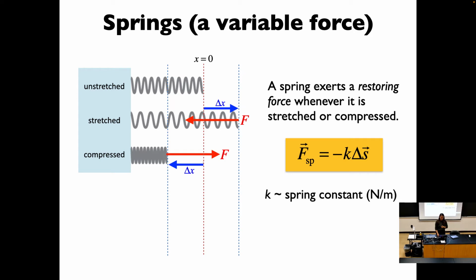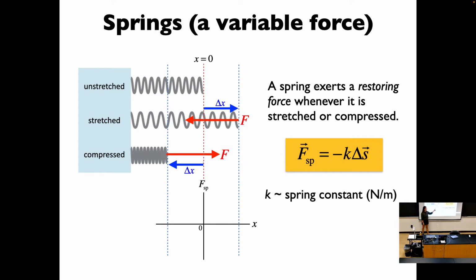So if we want to plot our spring force over displacement, what would it look like? If you go in the negative direction, what kind of force do you expect? Positive. So if you're over here, as you go farther out, you should have a large positive force.